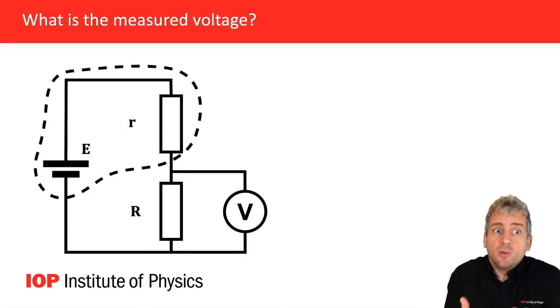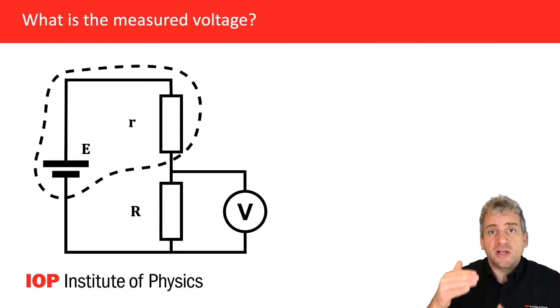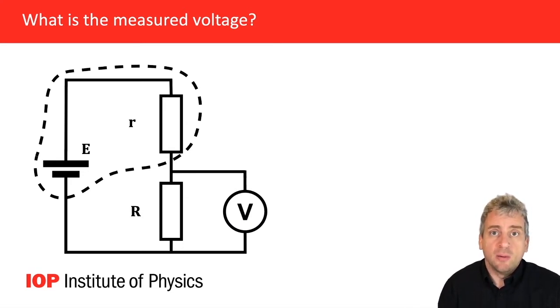In this case, we've said we don't know the numbers, but we've got an electromotive force of a capital E. There's an internal resistance of a lowercase r, and there's a load resistance, which is a capital R. And we're interested in what the potential difference measured is across that load resistor. Well, we should be able to figure it out fairly easily. So we've got this theoretical electromotive force, this ideal one there.